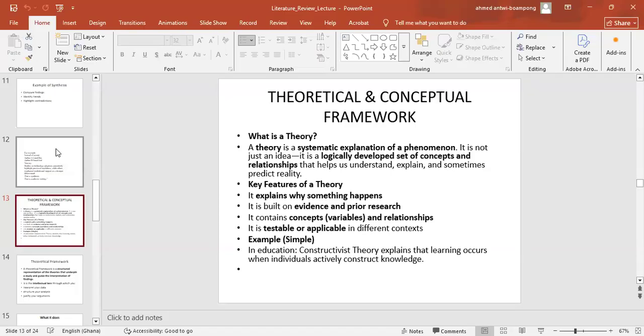Now, this brings us to something very, very important. We'll look at the theoretical and conceptual frameworks in a literature review.